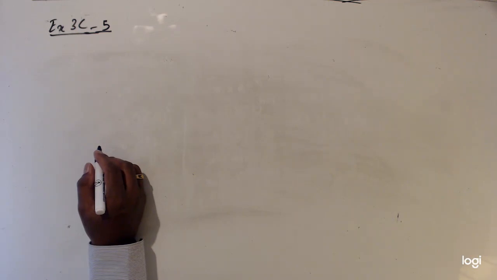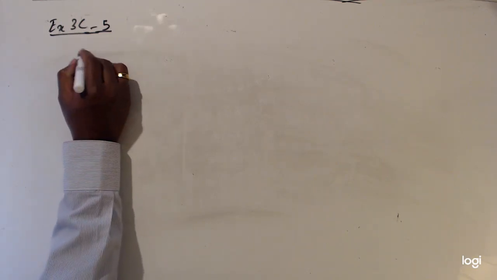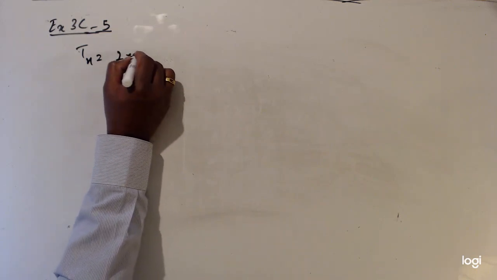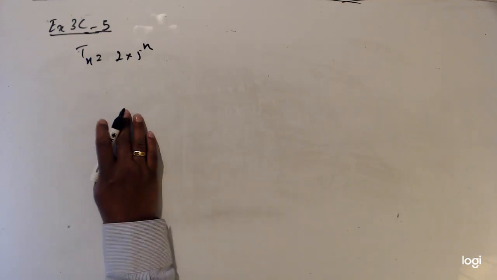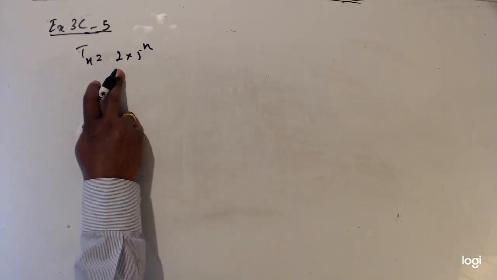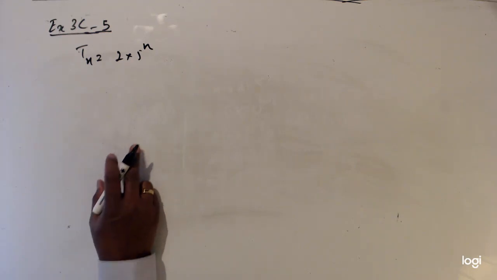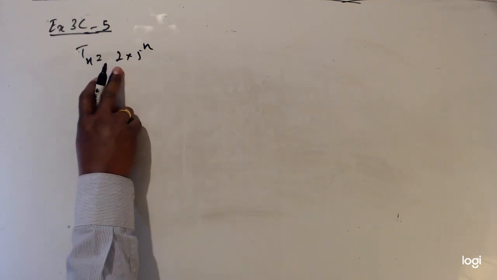Question number 5. For a geometric sequence, the nth term is given as 2 times 5 to the power n. Now don't try to work out that this is the first term and this is the ratio, because that assumption is wrong, since this may be an answer after simplification.